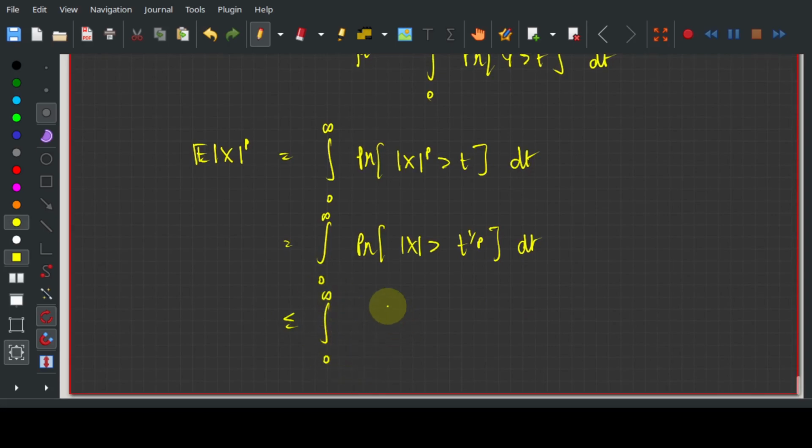Take this less than or equal to e to the minus t to the 2 by p divided by k square, let's say k1 square, dt.